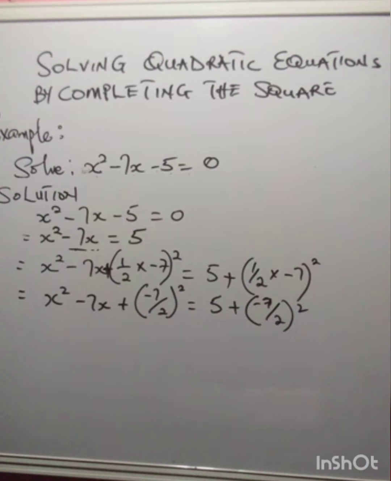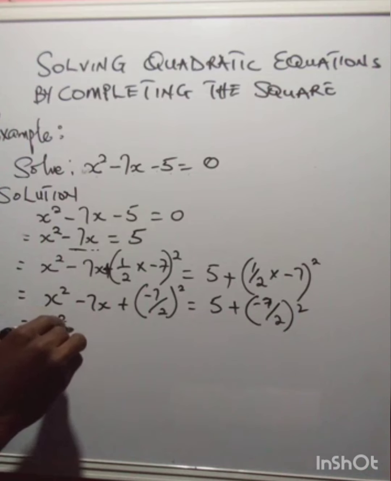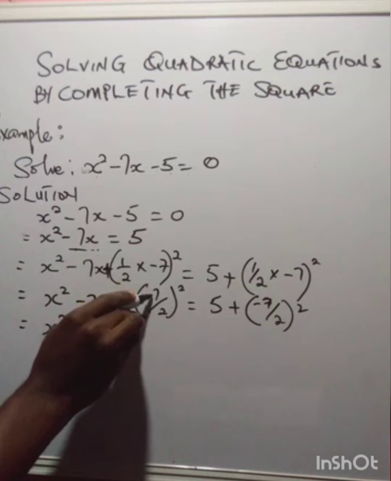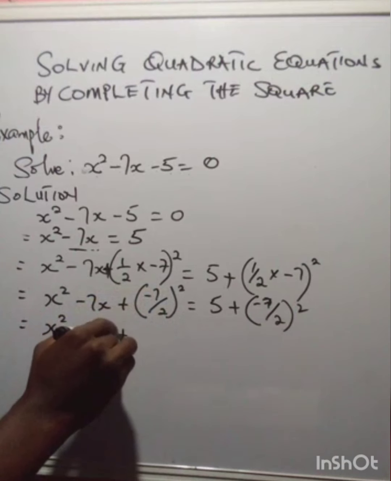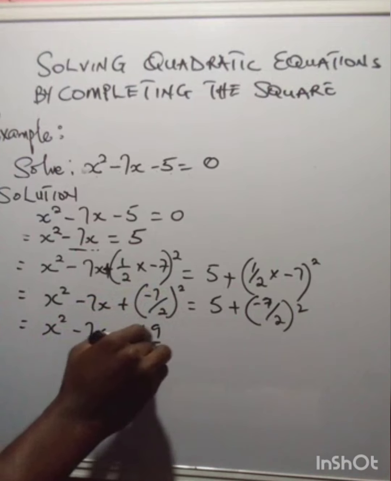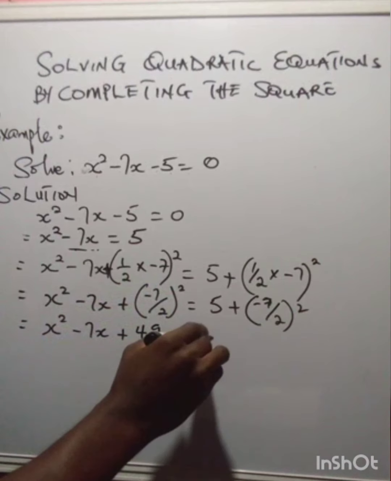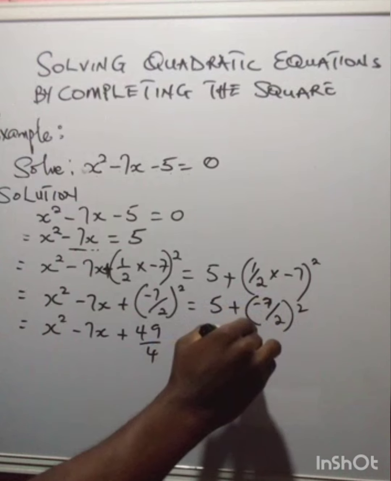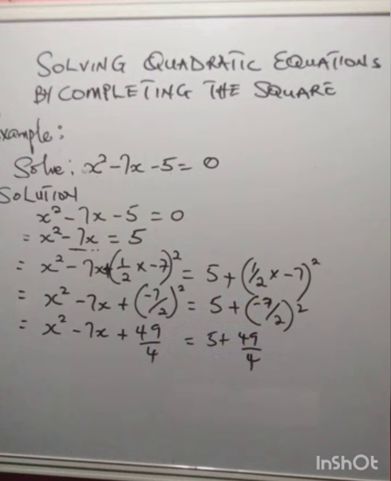Okay, this becomes x squared minus 7x. We square this value, minus 7 times minus 7, that will be plus 49 over 4 equals 5 plus the same thing, 49 over 4.